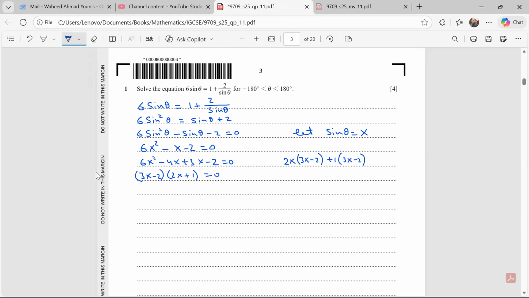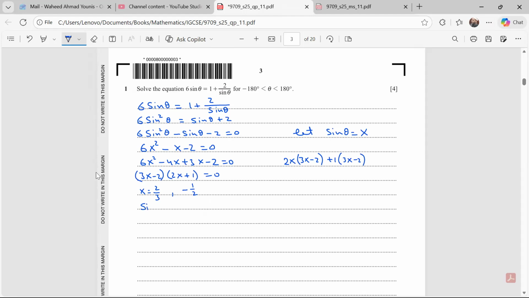From here you can see that x is equal to 2 by 3, and here it is minus 1 by 2. Now we have two expressions. x is basically sine theta.